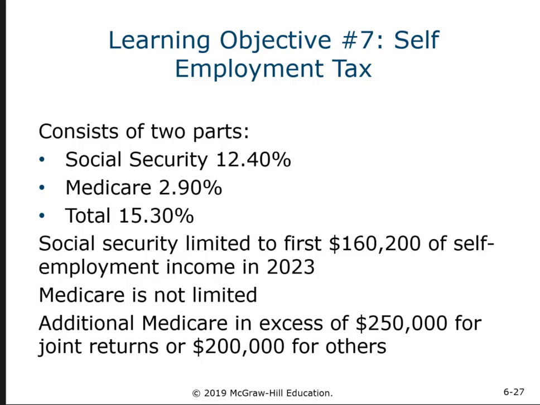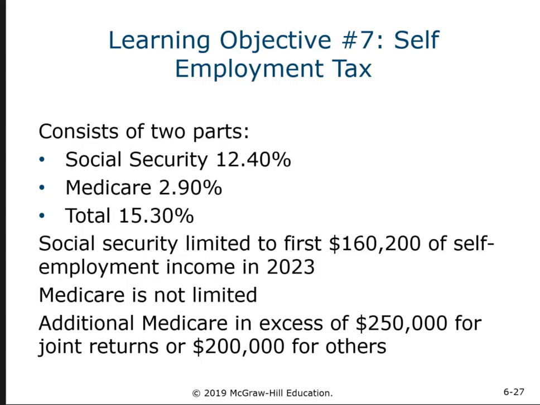As long as both together are under the $160,200, you just pay on all of it. But when you go over the 160 between the two, then even though it wasn't over 160 for the self-employment income, because you had other income that was already taxed for this type of tax, you don't have to pay it on all your self-employment tax.